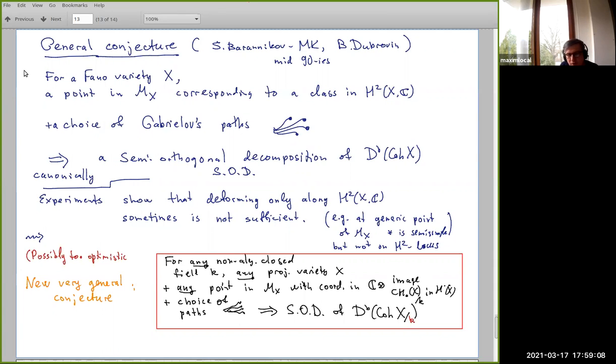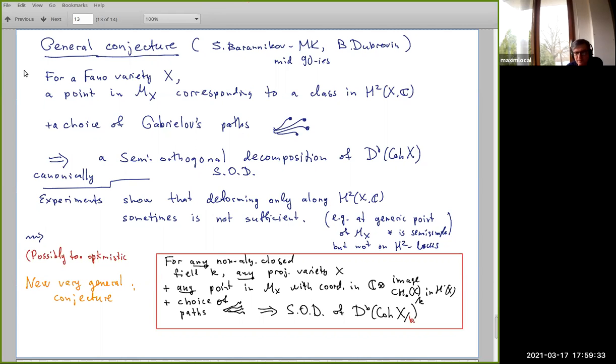Take any point on my Frobenius manifold whose coordinates, there's no fermionic part here, correspond to some linear combination of cohomology classes. I choose linear combinations only of algebraic classes, and even algebraic classes defined over my base field K. Then it has eigenvalues which are complex numbers because I have a complex linear combination.